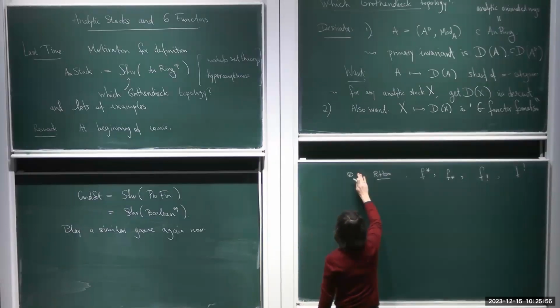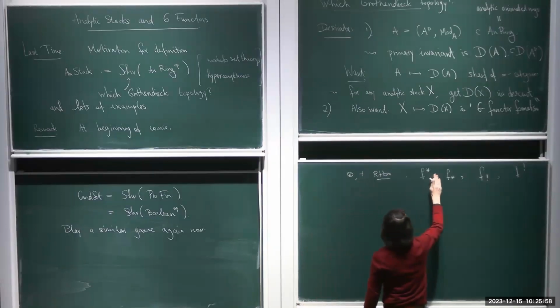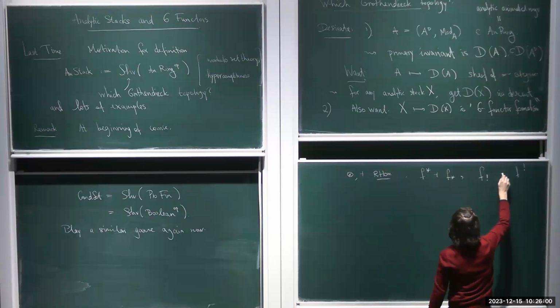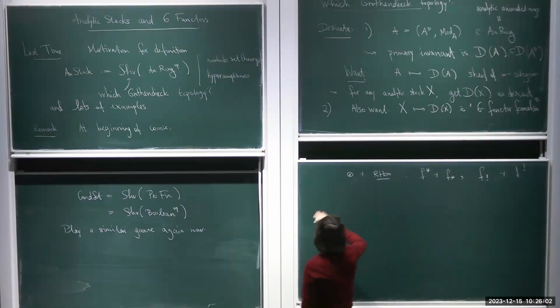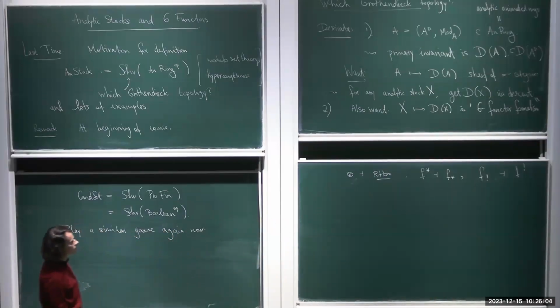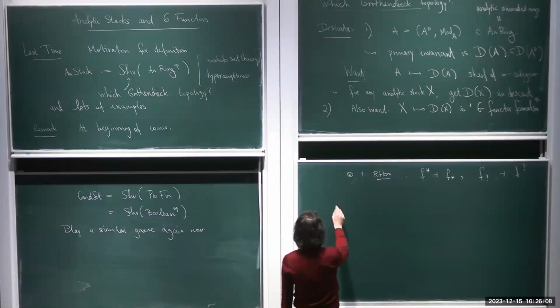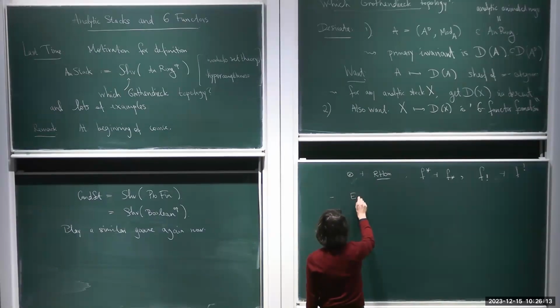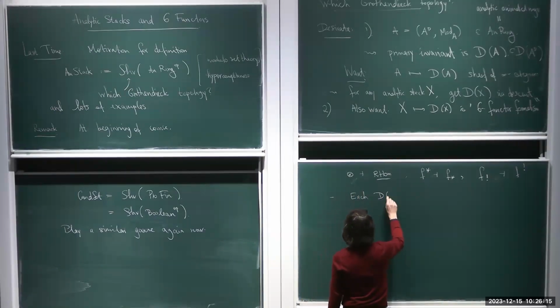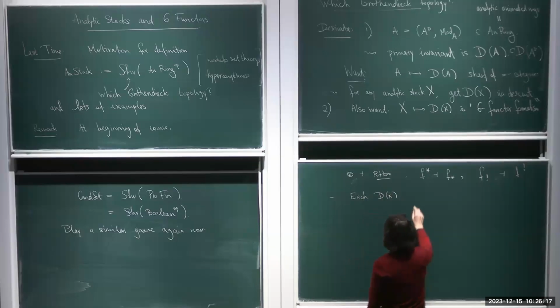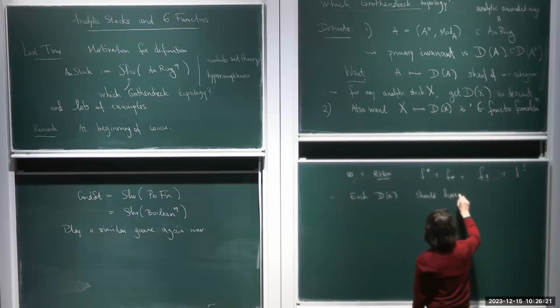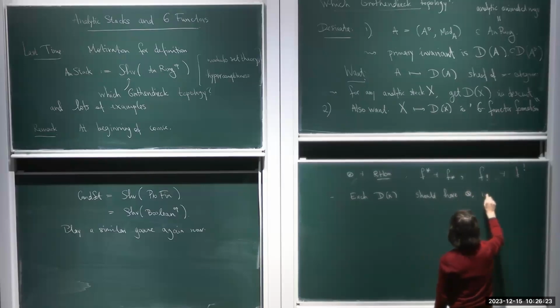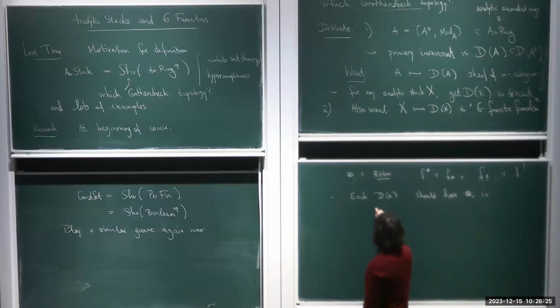So always this one is left. What's the structure here? So each D of X should have a tensor, i.e. be symmetric monoidal.